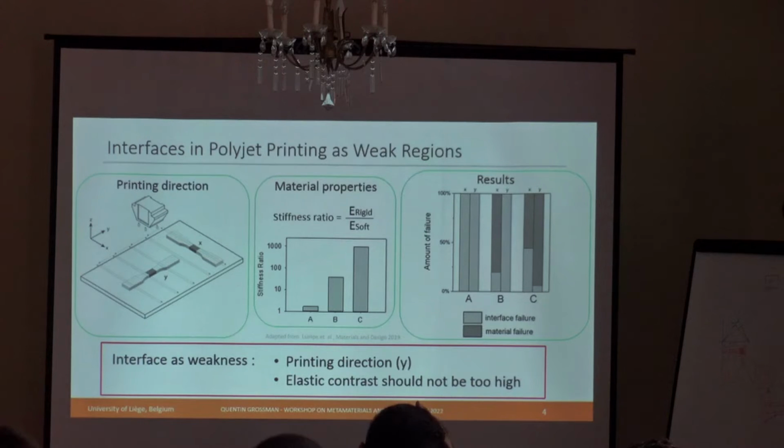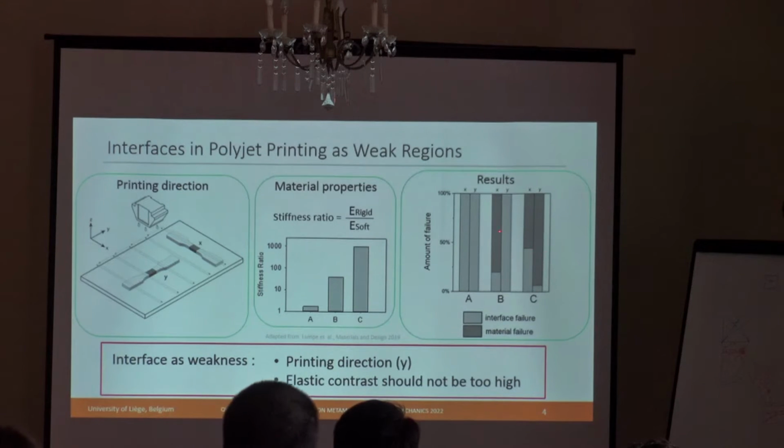When we look at the result, what we see is that for a small stiffness ratio, there is failure all the time at the interface between the stiff and the soft materials. When you increase this stiffness ratio, the printing direction comes into play.